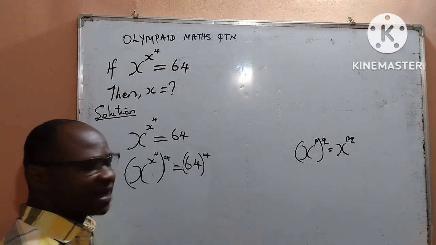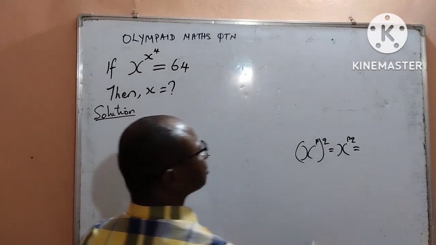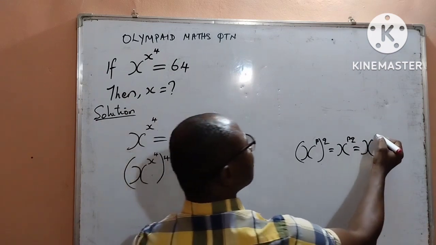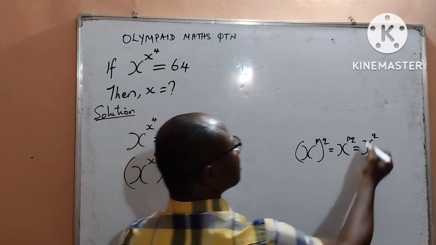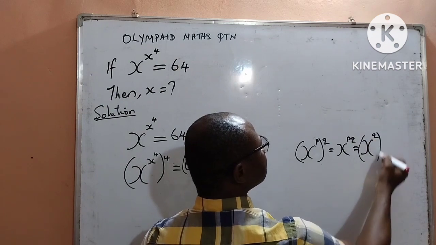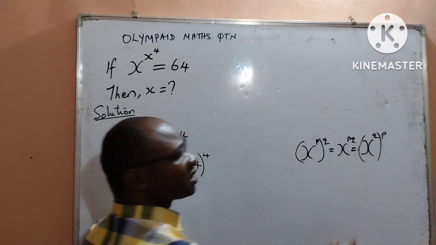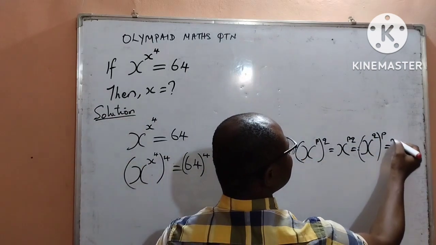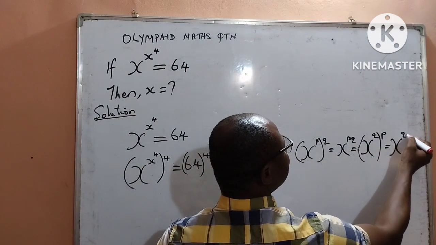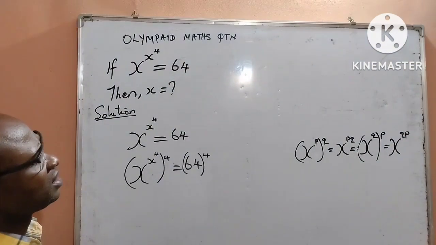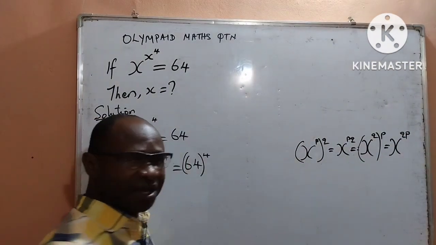Also, it is equal to x to the power of q, then power p, which is equal to also x to the power of qp.